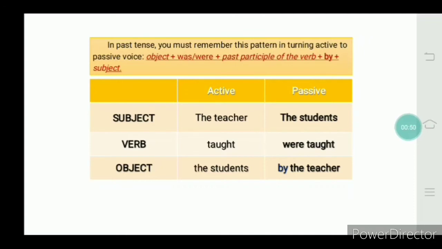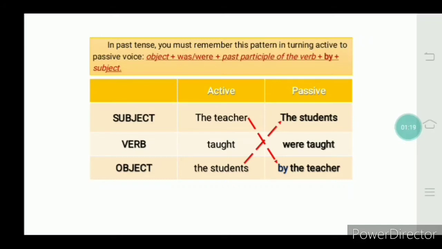There, our teacher, the subject in our active voice, will become the object for passive voice. And then our object, the students, will become the subject. Now, the students, is it singular or plural? The students is plural.